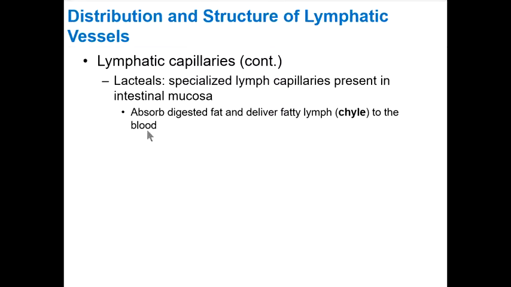So fat does not get absorbed directly into the blood through your digestive tract. It actually goes through the lymphatic system, specifically the lacteals. And that material we do not call lymph, like we do in other lymphatic vessels. We actually call this fatty substance being delivered in the lacteals chyle, which gets delivered to the blood.